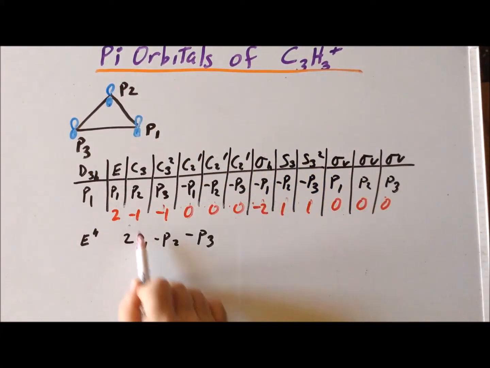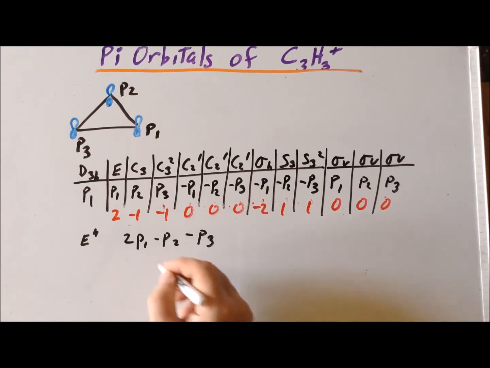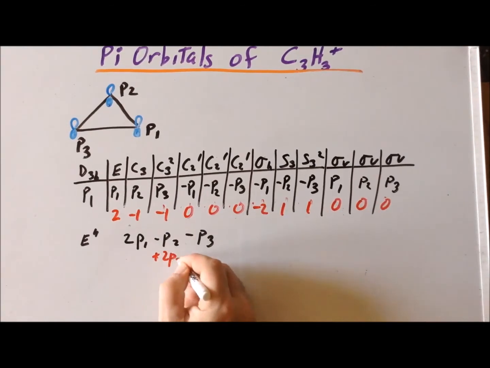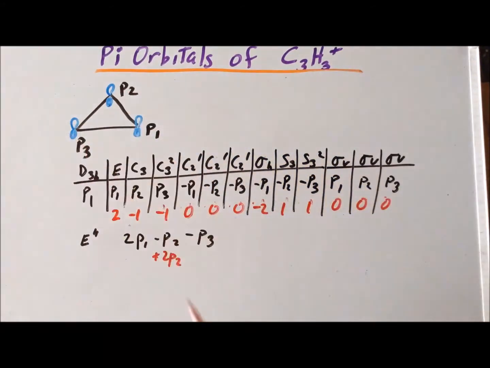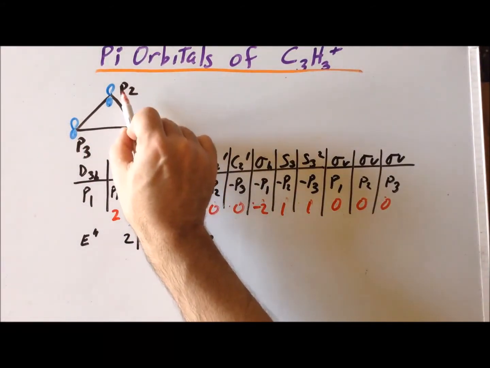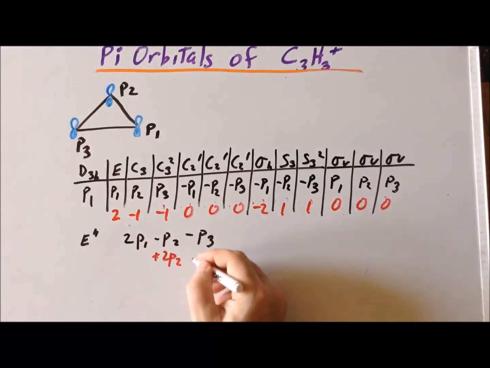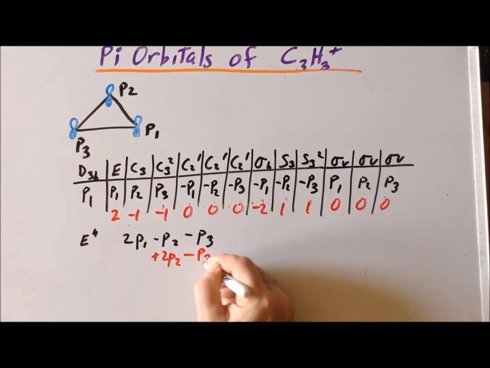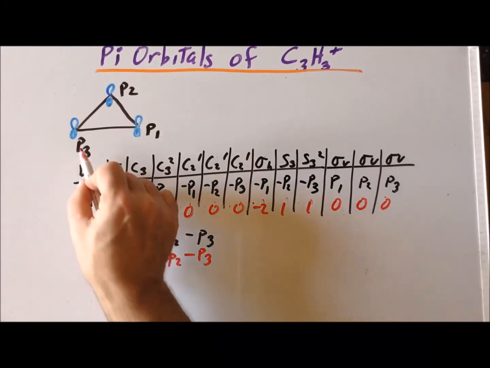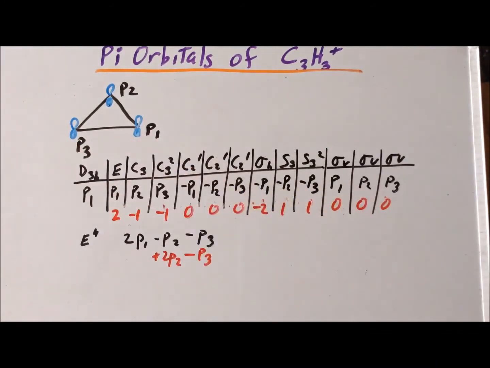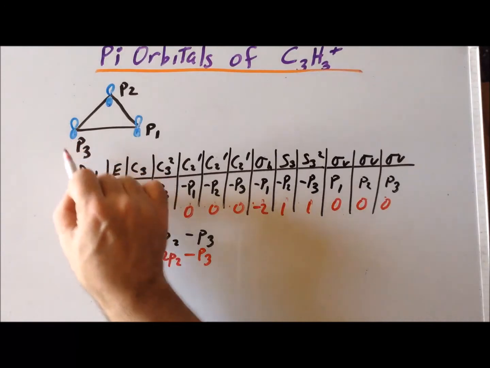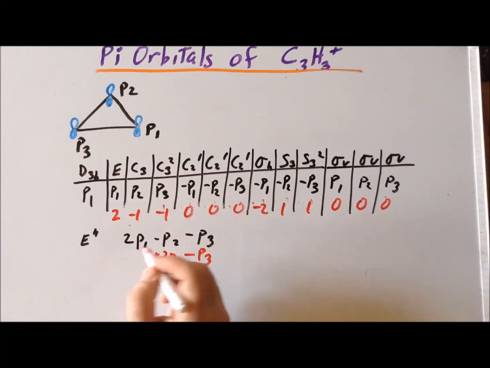So if we do a C3 operation on 2p1, it becomes plus 2p2. If we do a C3 on minus p2, it becomes minus p3. And C3 on minus p3 becomes minus p1.